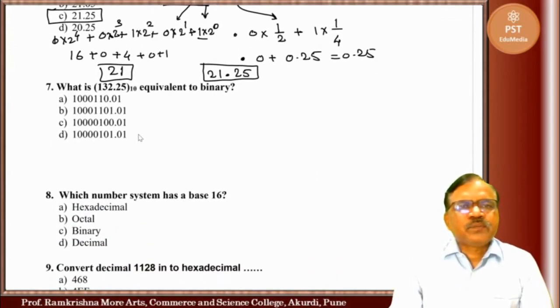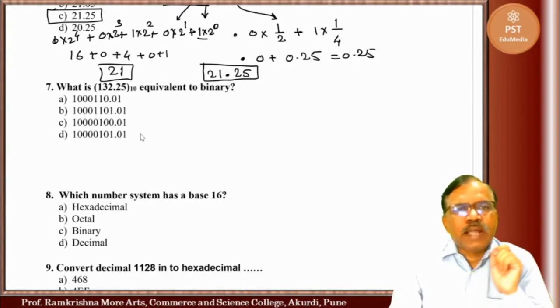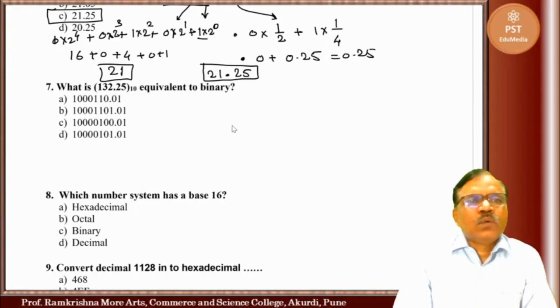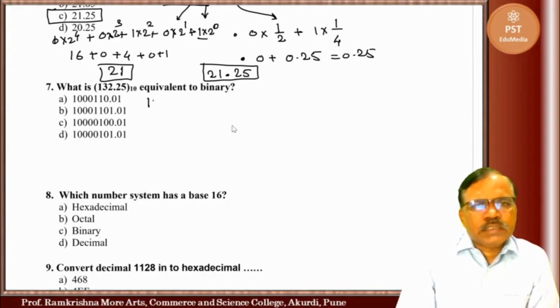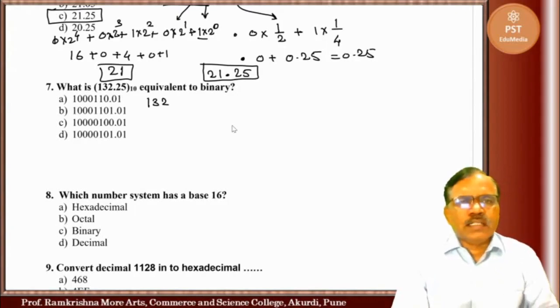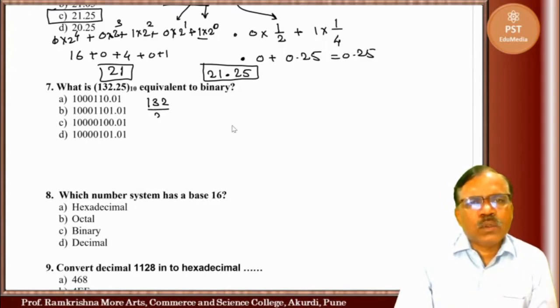Now next one, what is 132.25 in base 10 equivalent to in binary? So the number is 132.25. We will take 132 first and convert this into binary. So 132 divided by 2 gives 66, remainder 0.